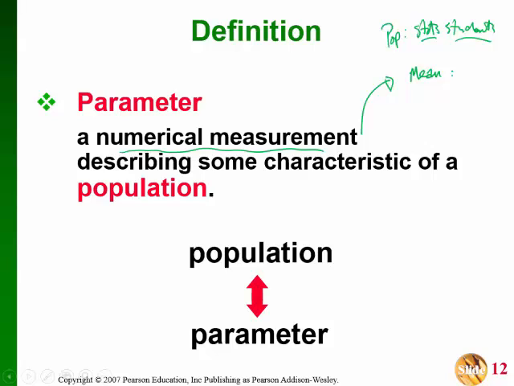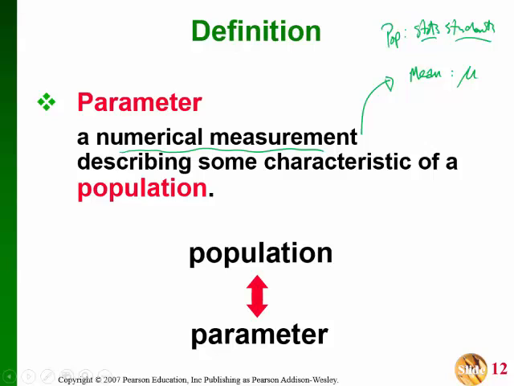And for the mean, the parameter that describes the mean for a population would be denoted by this Greek letter mu. We'll talk about this later, but if you want to practice writing it now, it looks like a U with a little tail.